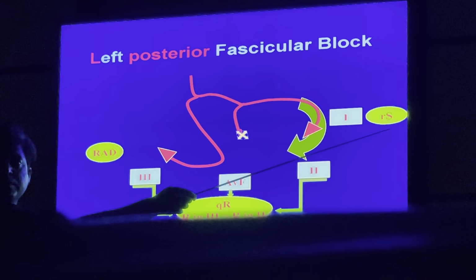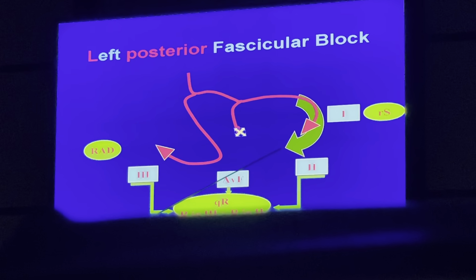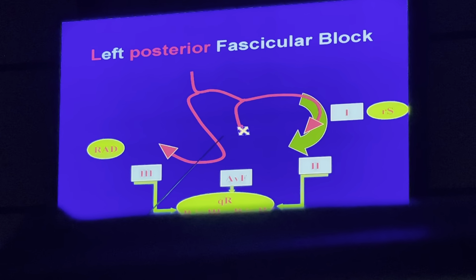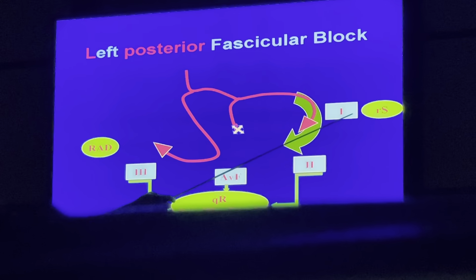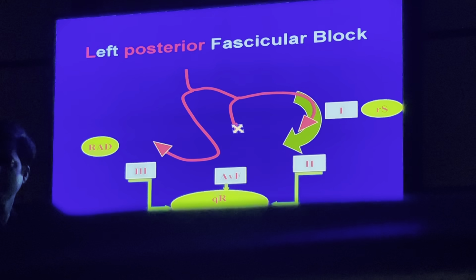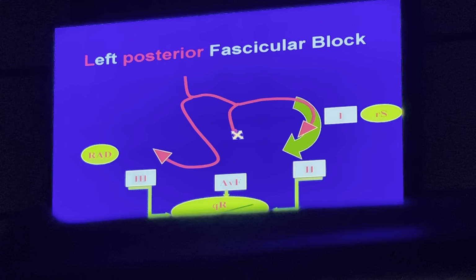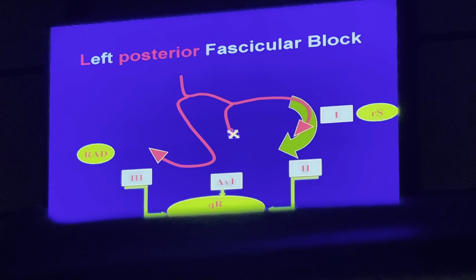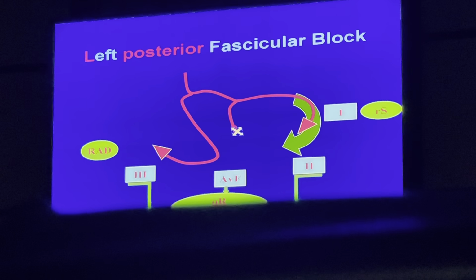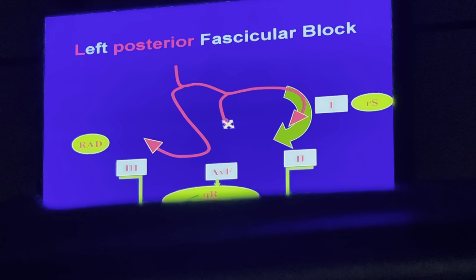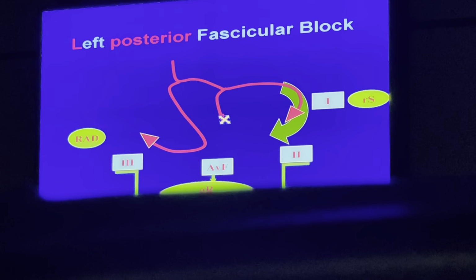So this shows a big S, because the impulse comes here and here it takes most of the time. The lead which is facing opposite to that shows a downward deflection or large S wave. So you see the same QR pattern which is in AVL in case of anterior fascicular block, in 3, 2 and AVF in case of posterior fascicular block.